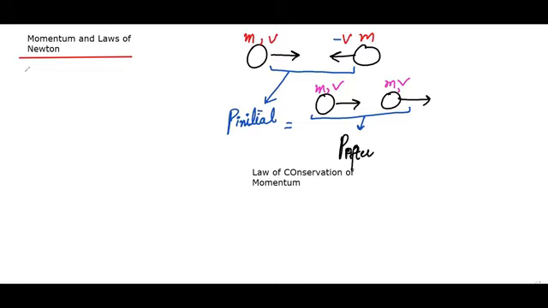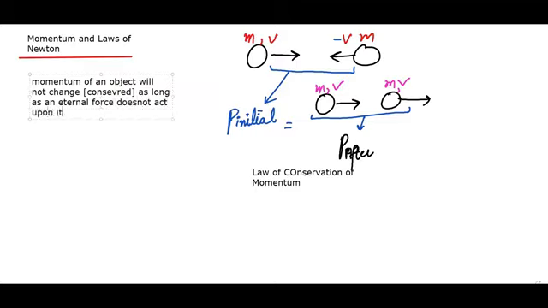So over here we can say that the momentum of an object will not change, or will remain conserved, as long as an external force does not act upon it. Alright? So we can speak about Newton's first law in terms of momentum as well.